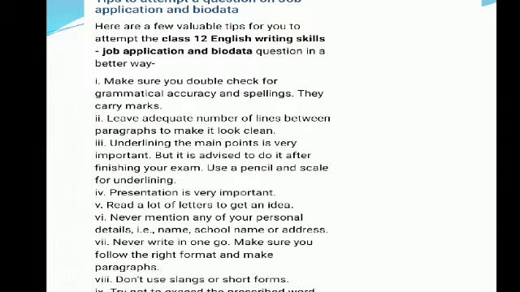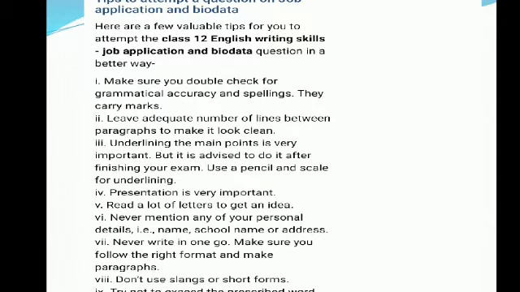And then the third tip: underlining the main points is very important. So underlining the key points, the important points, is also very important. But it is advised to do it after finishing your exam. Use a pencil or a scale for underlining.